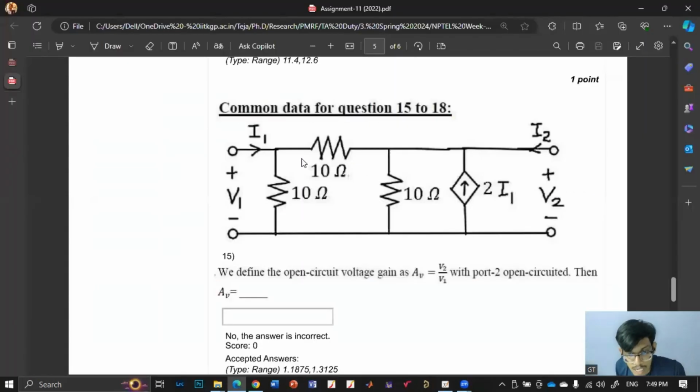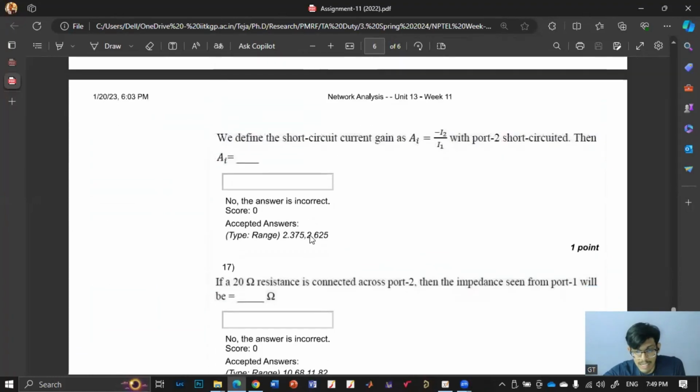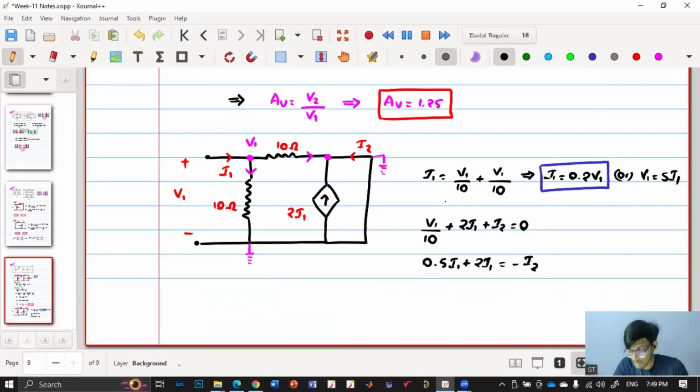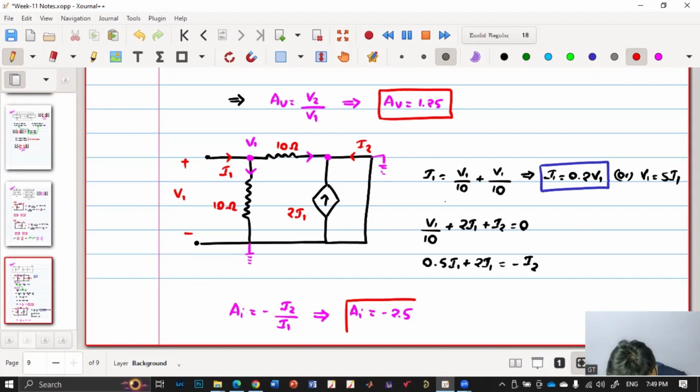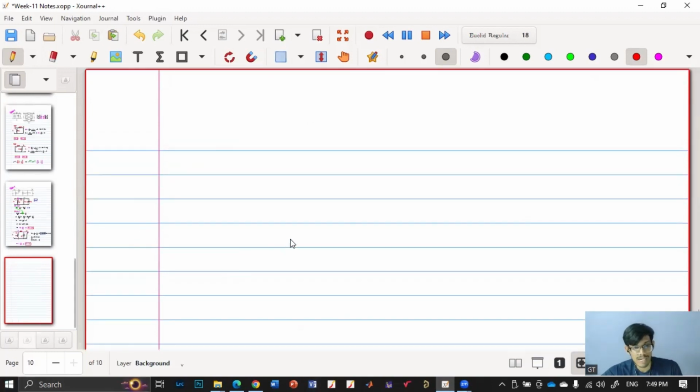In the question, what they are asking is AI, which is -I2/I1. So if we do that, we'll get AI is equal to -2.5. This is how we calculate AI. Okay, so this completes the second part of this problem.